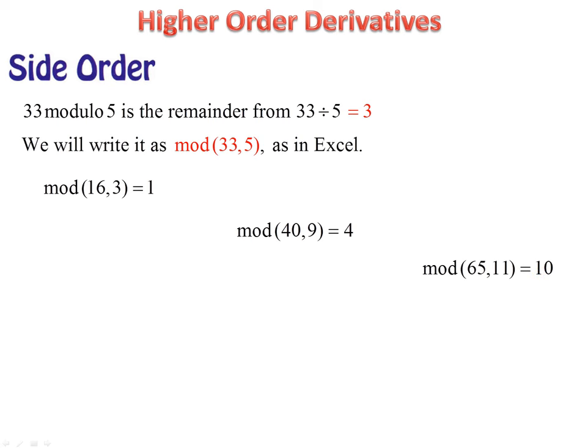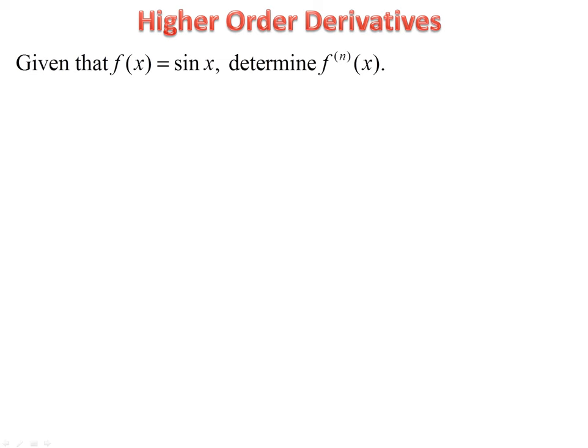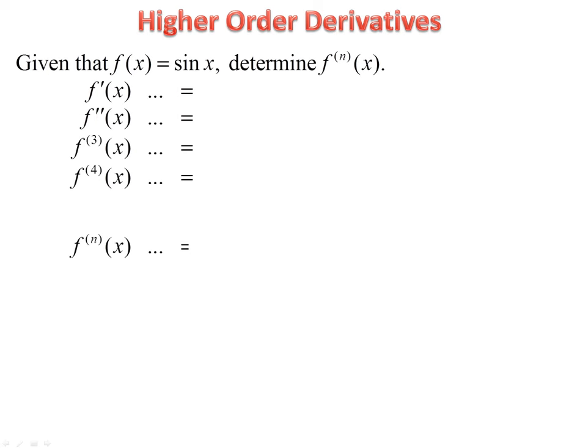Now, where we're going to use this modulo is in this sort of function, because this is a repetitive derivative. Let's consider the derivatives. Once again, I'm going to go to the fourth derivative. You'll see why. Right, the derivative of sine is cos.